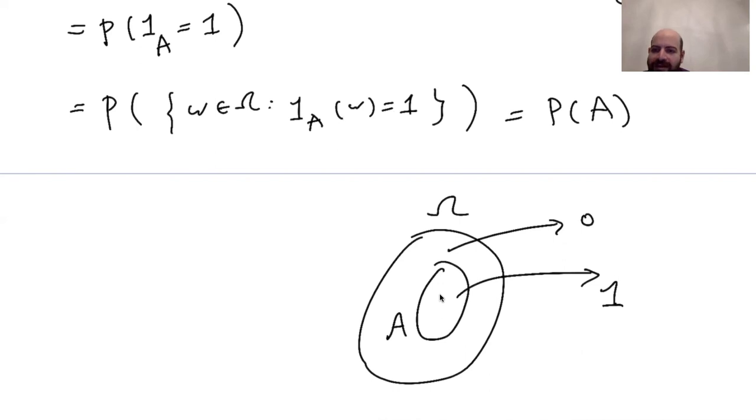Only elements in A are mapped to 1, so this set that I'm showing with the cursor is exactly A. So P of this means P of A.